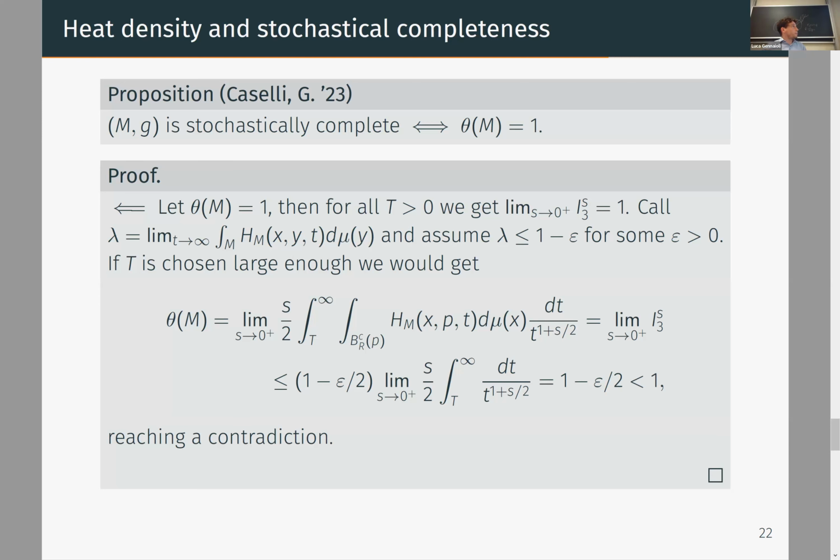It's just the third one, the problematic one. If theta of m is 1, you automatically get that the third integral has to be 1 for every t. By a contradiction argument, which I don't want to go into in detail because it's technical, you get that theta of m is less than 1 if your manifold is not stochastically complete, and therefore you reach a contradiction.